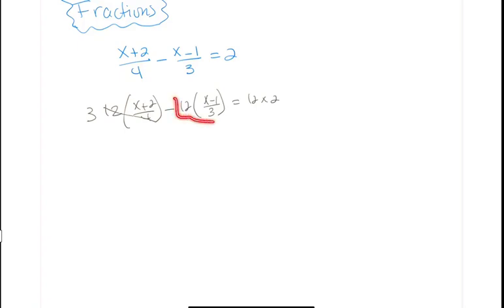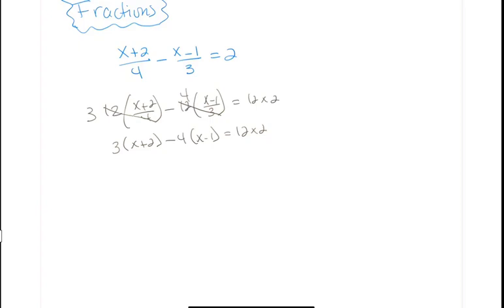And if I just look here, 12 over 3 is going to cancel, what's that simplify to? To 4, right? So I'm just going to write it out the long way. Then technically I have 3 times (x plus 2) minus 4 times (x minus 1) equals 12 times 2. Okay. So now we're kind of right back to where we were on that first problem, right?